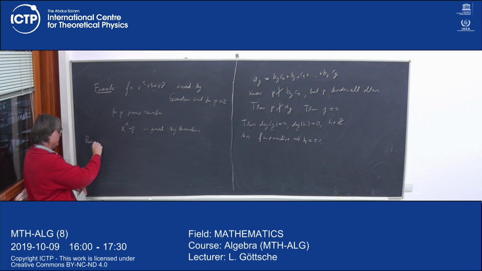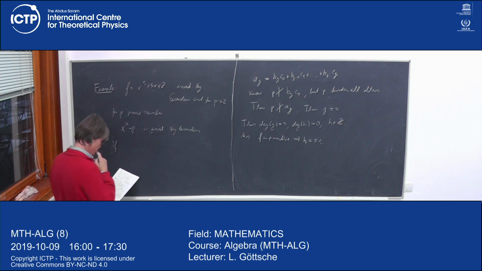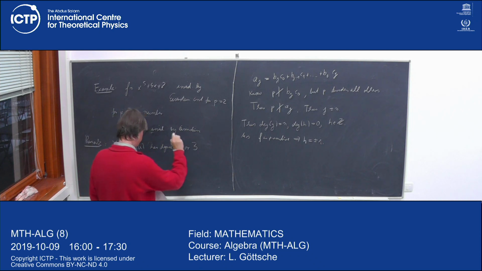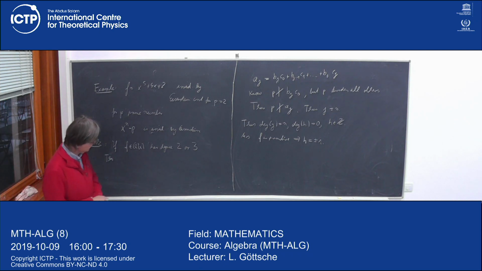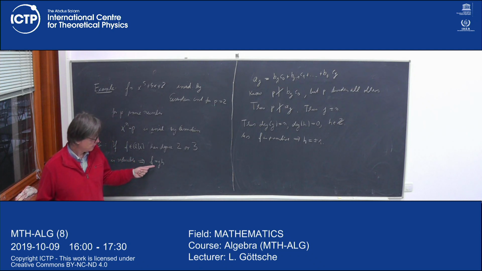So, for instance, the following remark: if f, say in K[x], is of degree 2 or 3, then if it is not irreducible, it follows that f is equal to g times h, where one of the factors has degree 1.